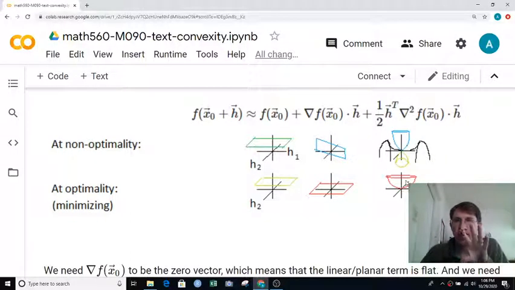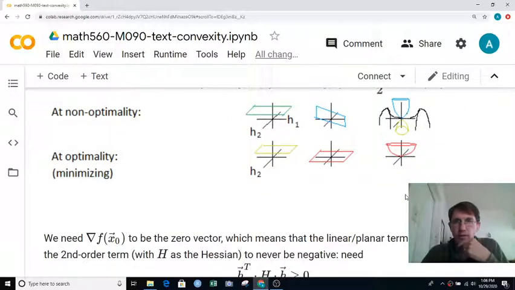So that's how we're visualizing the Taylor polynomial at optimality. It's kind of a sum of these things. First order condition is that the gradient has to be 0. What can we say about the second order thing? So that's the big question. We need this term to never be negative, right? Because if it can be negative, then we could decrease the objective function value by moving in one direction or the other.